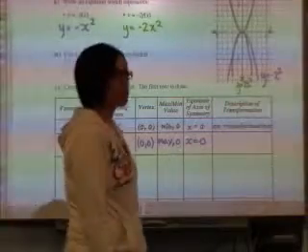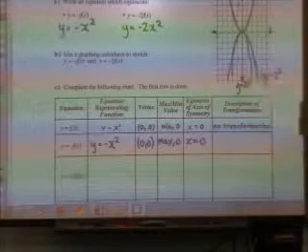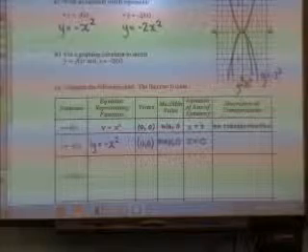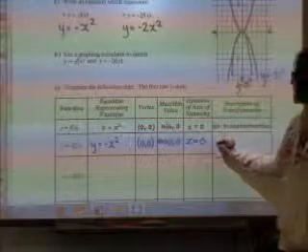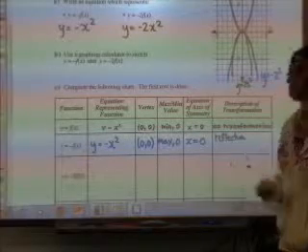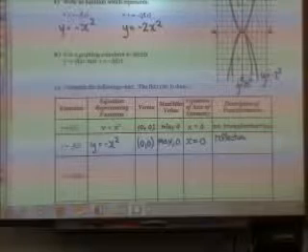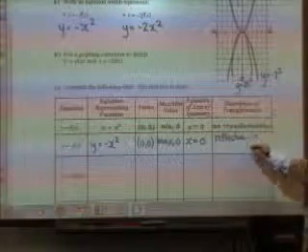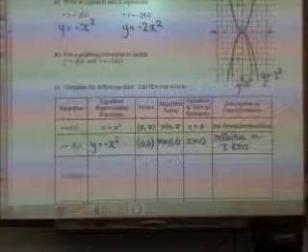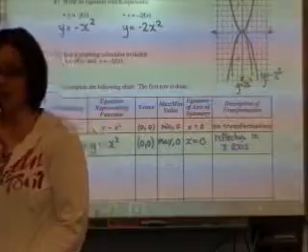How do I describe this? What did I do to this graph from the black to the blue? I reflected it. It is a reflection in which axis? Which axis did I reflect it over? So it's a reflection in the x-axis. That's the description of the transformation.